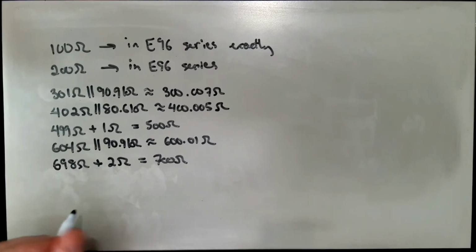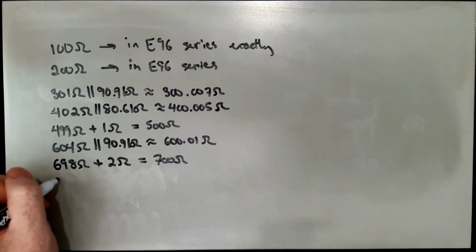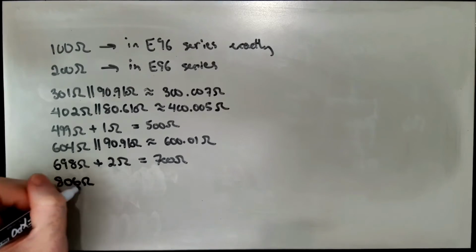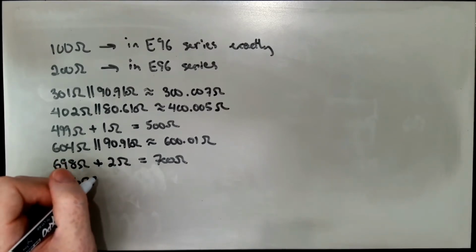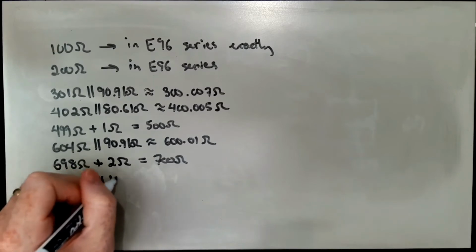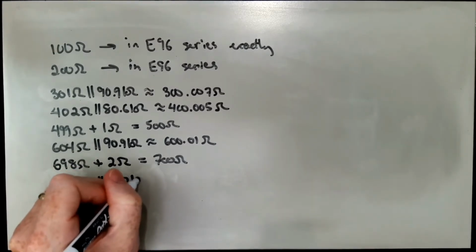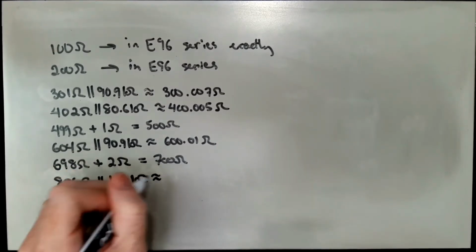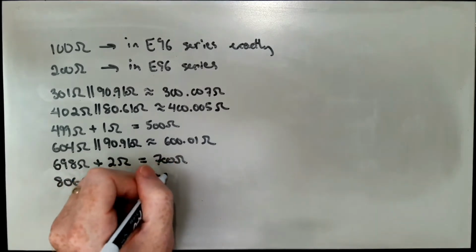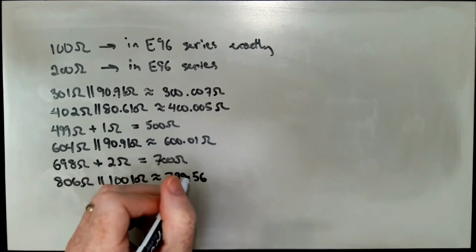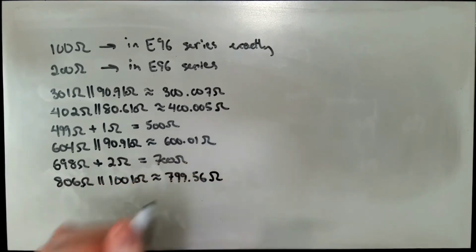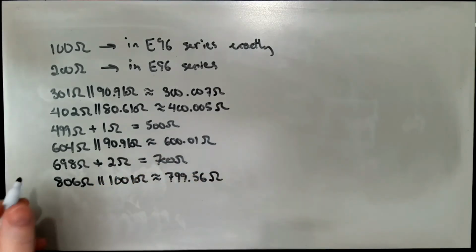If we like, for 800 we could use an 806 ohm resistor, which is the closest E96 value to 800. And if we put that in parallel with a 100K ohm resistor, that's going to be 799.56 ohms, which is pretty darn close to 800.